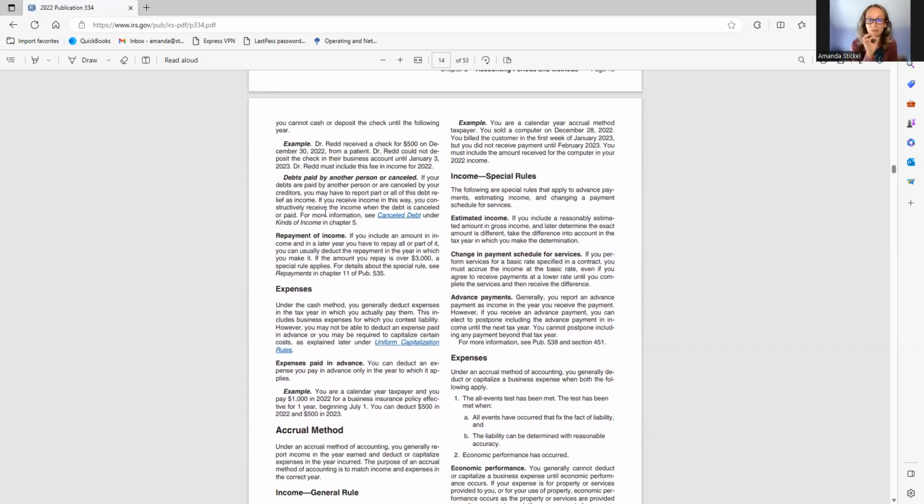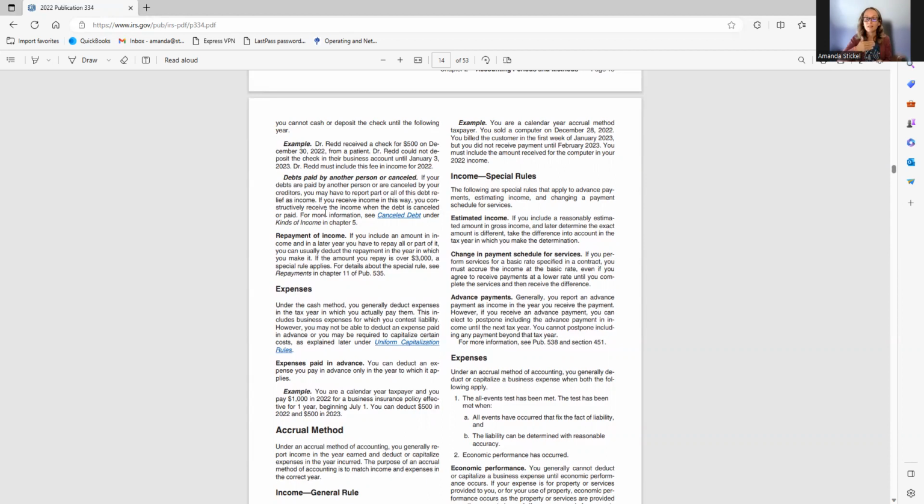So let me try to break this down a little bit easier than what they're saying. So basically, once you provide a service or product, even if you haven't been paid yet, you've transferred that service, you completed the service to that client, or you've transferred ownership of the product to the client.